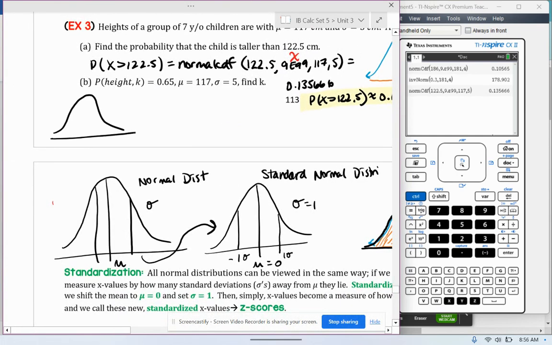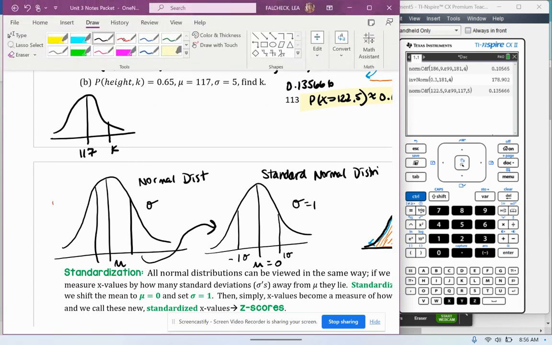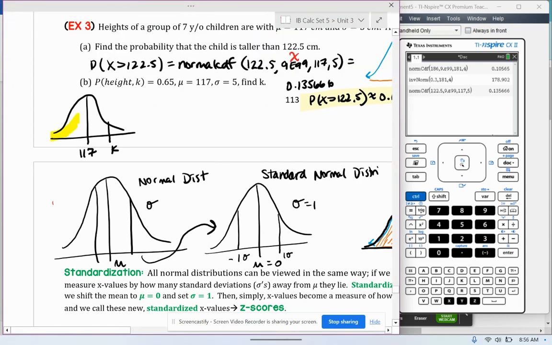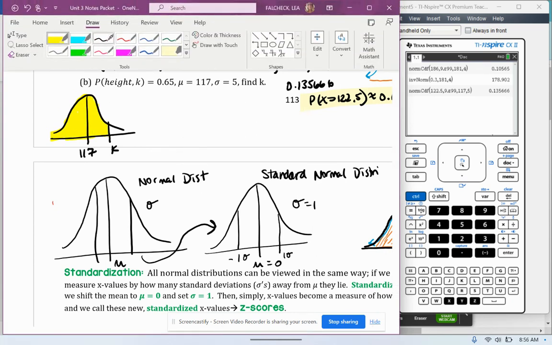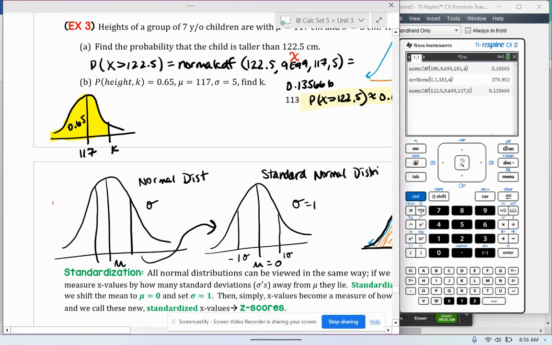So we have our standard bell curve. We have our mean of 117. There's some height K where 65% of the kids are less than that height. So I'm just going to put that in here. Okay. Our standard deviation is 5, and I think I got everything on here. Great. Okay. So we are trying to find K. That means our area is known.